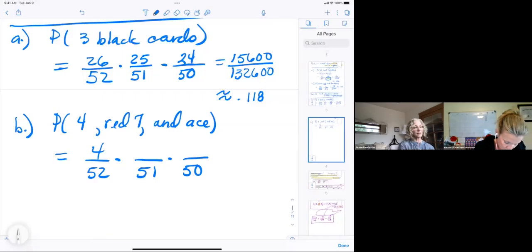And that does not affect the next draw as far as the red 7s. So now I know I have a 4 sitting off to the side, but I still have 2 red 7s in the deck. And I still have 4 aces in the deck.